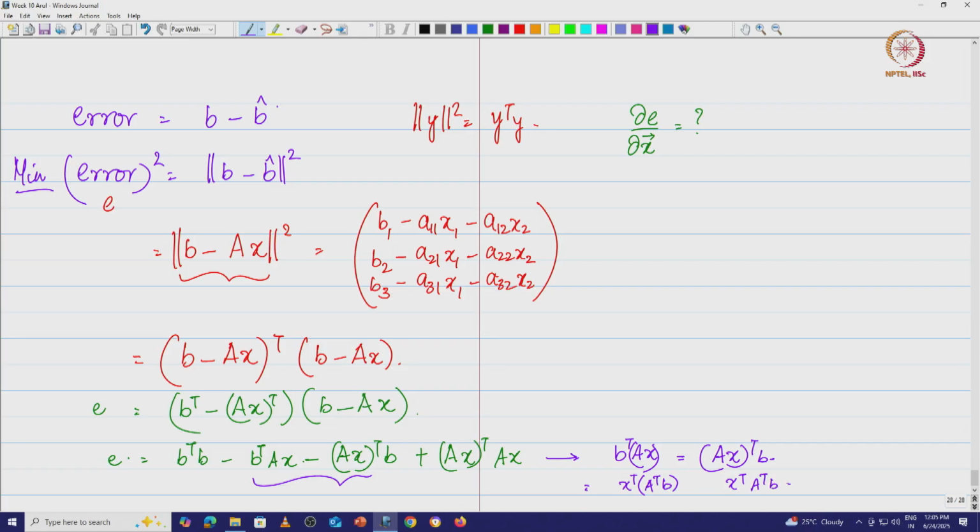So what do we get finally? I get my error E is going to be b transpose b minus 2 x transpose A transpose b plus x transpose A transpose A into x. This is what I have.